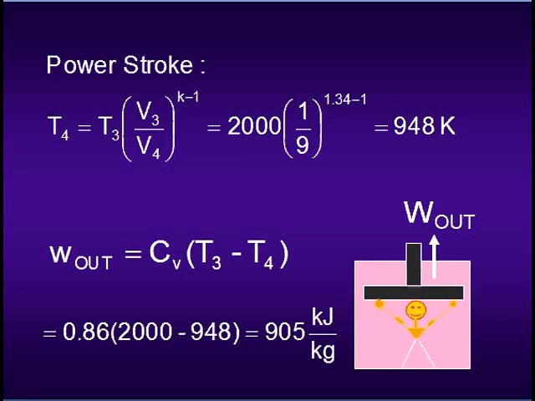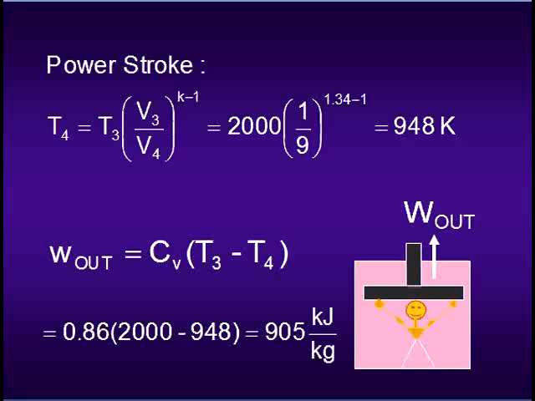For the power stroke, again it's a reversible adiabatic process, so we find T4 from our constant entropy relationship for ideal gases, and that comes out to 948 K. And the work out is, again, do an energy balance and you'll get Cv delta T, because you're looking at delta U. This is an unsteady state process.